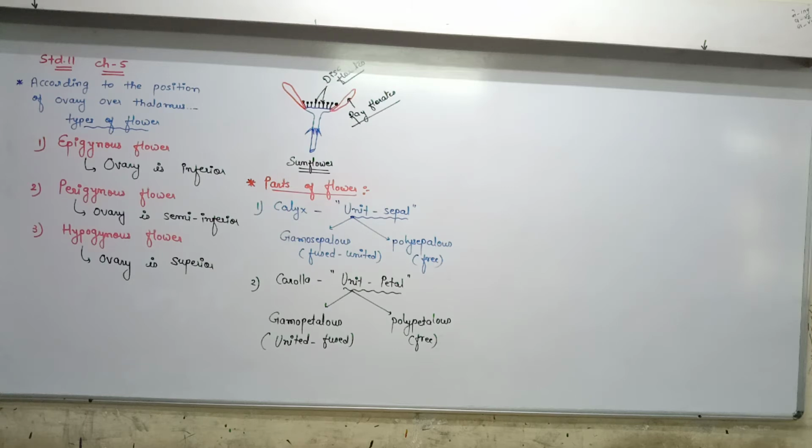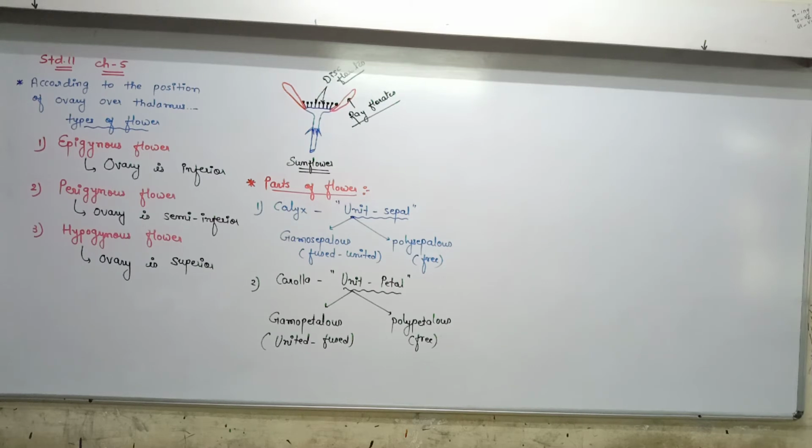Like calyx, corolla may also be gamopetalous or polypetalous. The shape and color of the corolla vary greatly in plants. Actually, you know that the shape, color and arrangement of corolla differ.